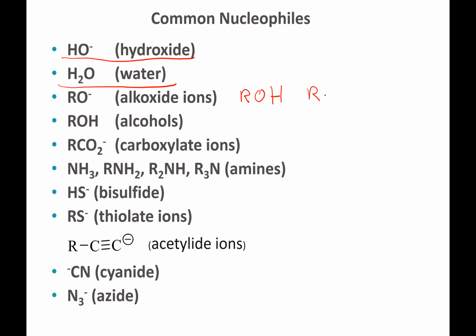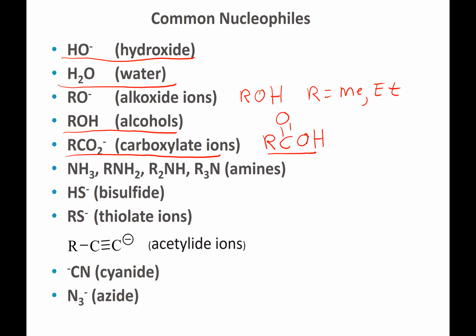The most common R groups are methyl, ethyl, that kind of thing, but it could be anything in principle. They're alcohols. This is carboxylate ions. That's the conjugate base of a carboxylic acid. That's a carboxylic acid, and a shorthand way of writing a carboxylic acid is like this, right? That's the condensed version. So a carboxylate ion, if you want to draw it out, would look like this. It has lone pairs here. It can act as a nucleophile.